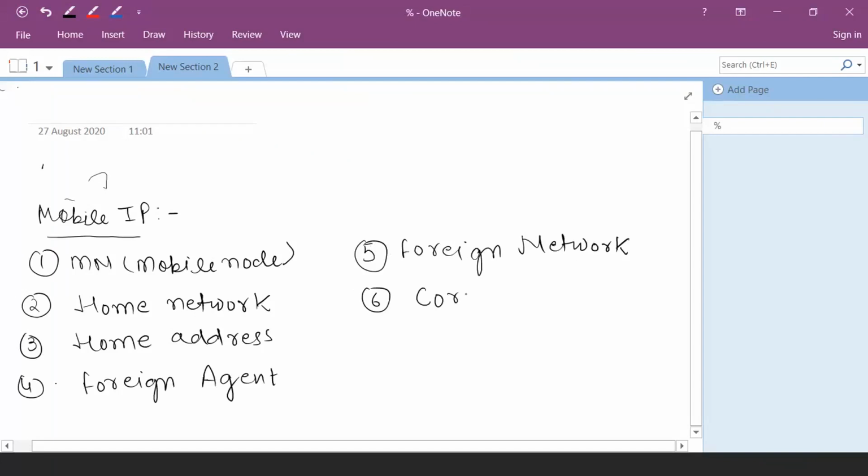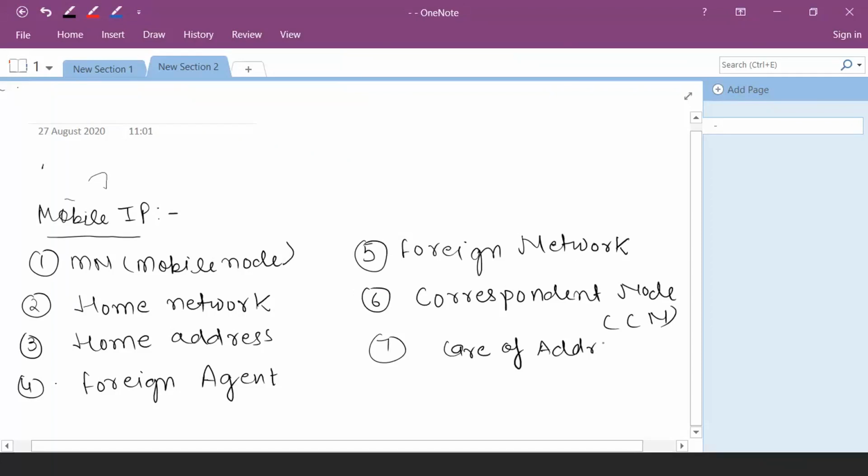Correspondent node. Pair of address. Home agent. And the ninth one is the agent discovery. So these are the essential components under this.